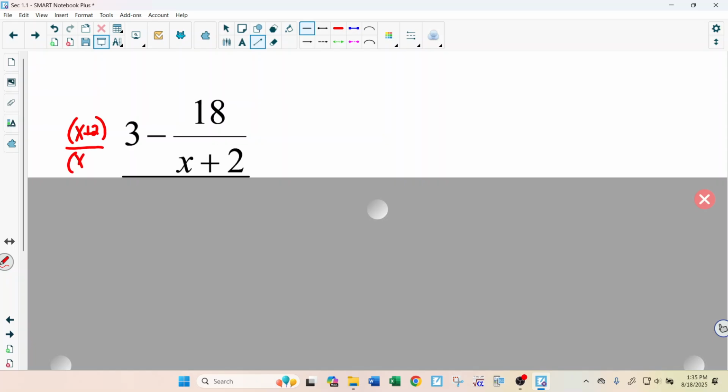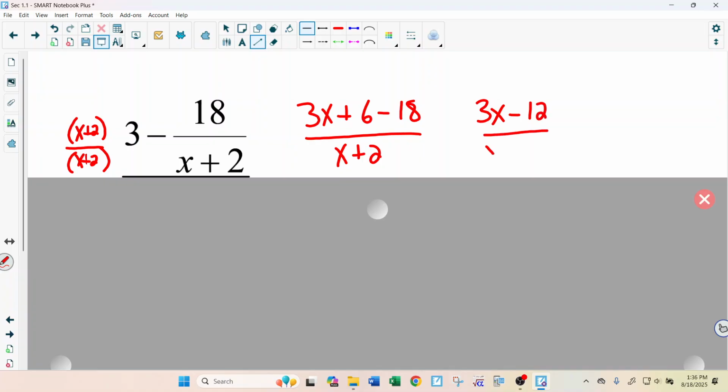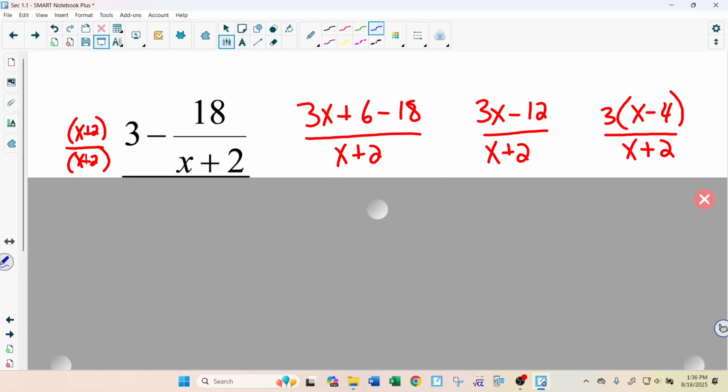So I multiply by x plus 2 on the top and the bottom, which would give me 3x plus 6 minus 18 all over x plus 2, which would then be 3x minus 12 over x plus 2, which would then be 3 times x minus 4 over x plus 2. So the first thing we want to do, get the top as a single fraction.